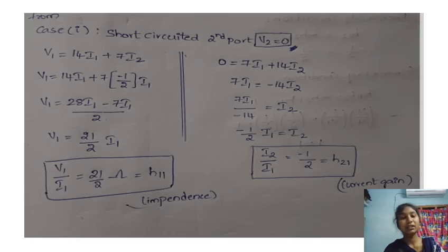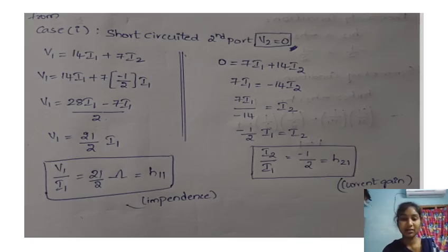Equation 1 is V1 is equal to 14I1 plus 7I2, and V2 is equal to 7I1 plus 14I2. Here we take V2 equal to 0, so we take I2 as common. Then 7I1 is equal to minus 14I2. Dividing by 14, 7I1 by minus 14 is equal to I2.